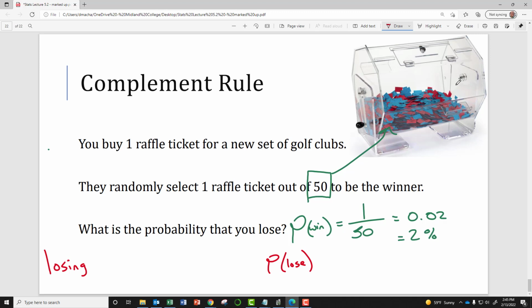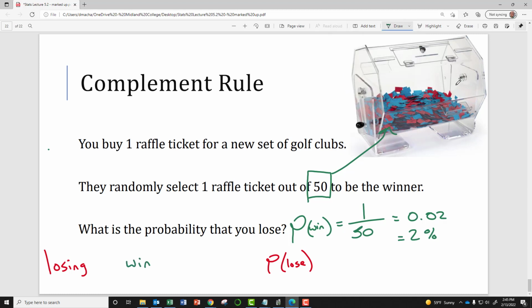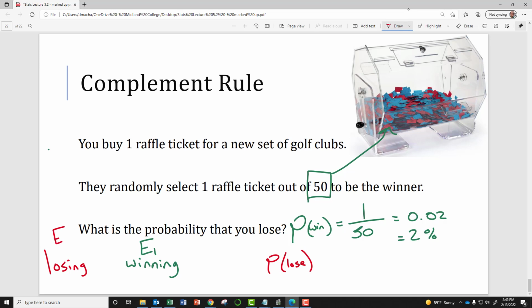So if we let winning be event number 1, losing will be E1 complement, because any outcome that doesn't result in you winning results in you losing this raffle.